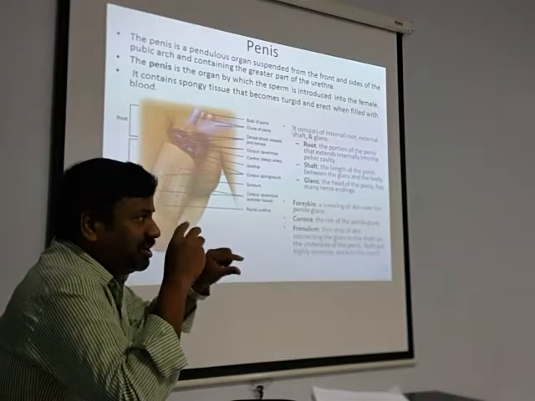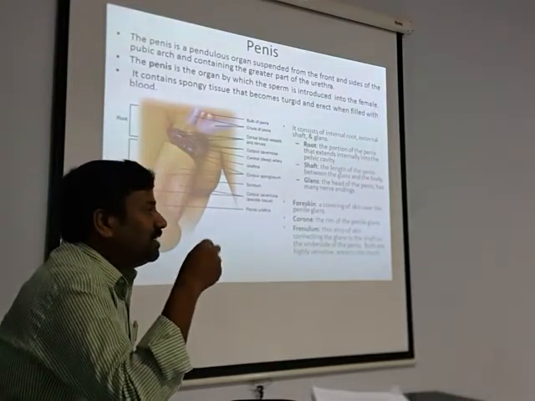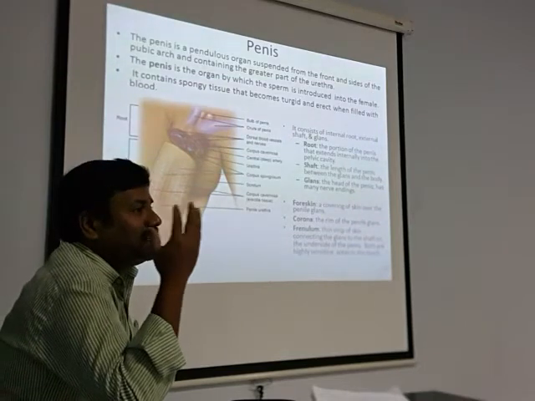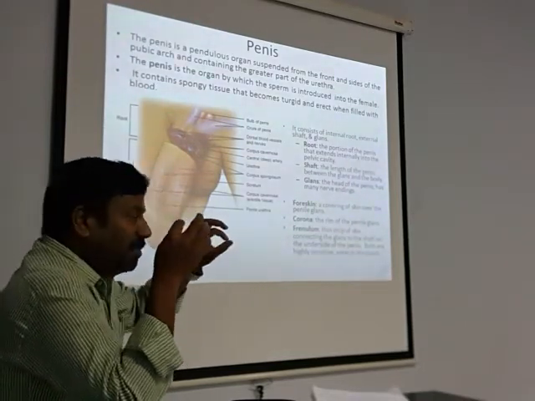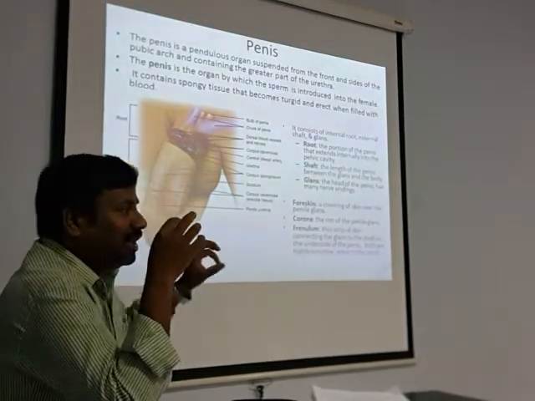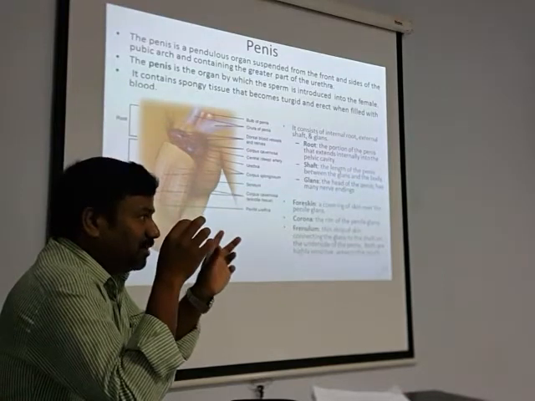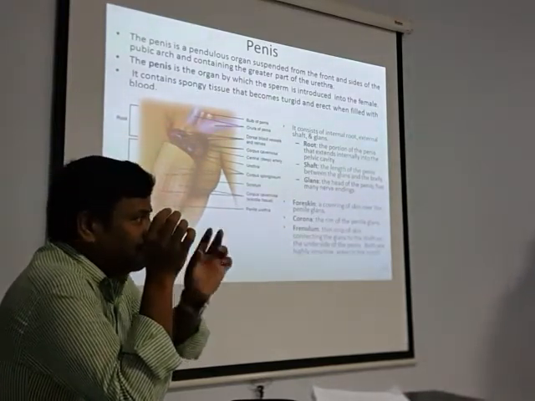When you retract the skin, you see the red part which is exposed outside, that is the glans penis. So you have the root, the shaft, and the terminal part called the glans, which is visible.